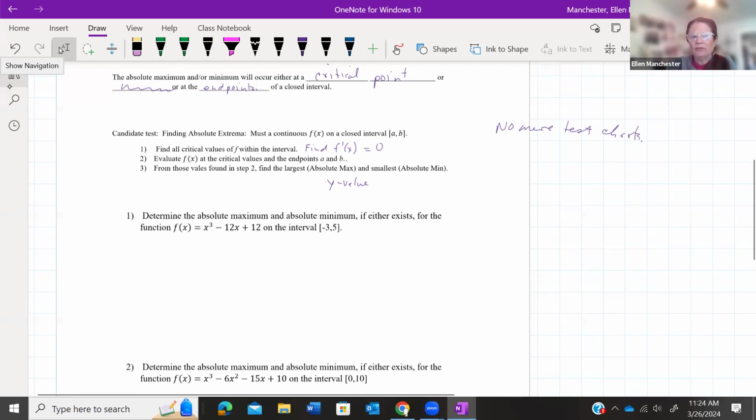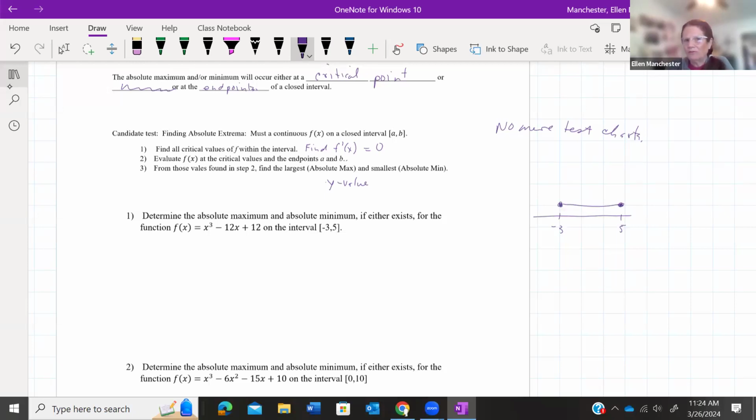We're going to determine the absolute max and absolute min. So we're looking for both the maximum and the minimum, if they exist, for this function on the interval -3 to 5. If you think about it, -3 to 5 includes -3 and all the values larger than -3 but smaller than 5.